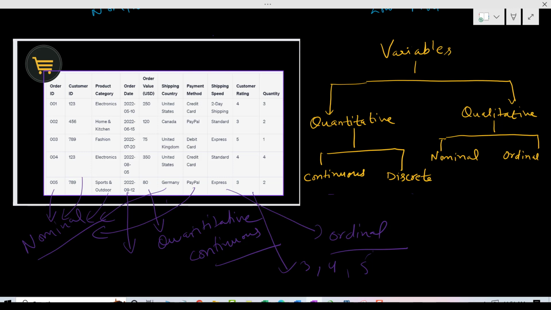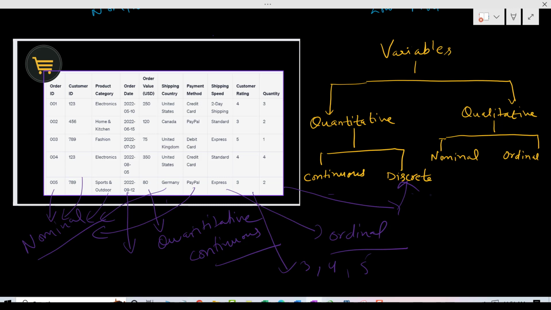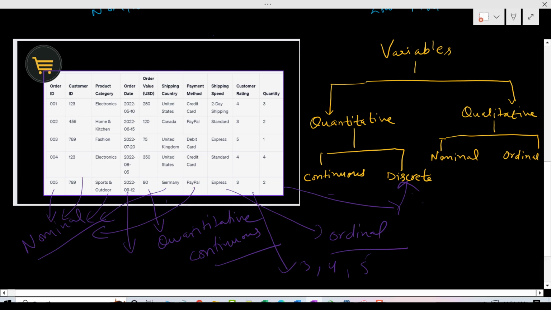And quantity is definitely a discrete quantitative variable, because we cannot have quantities in decimals. We are assuming that we are just ordering products where we are not measuring any quantity in kilograms or something like that. It's just a number of things, right? So it is a discrete quantitative variable.